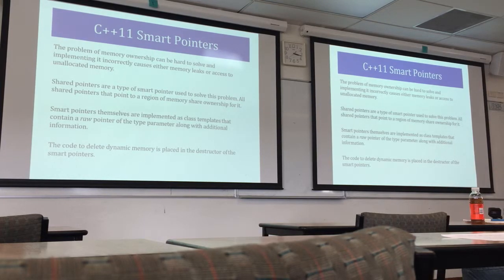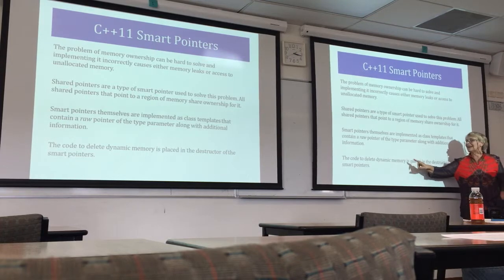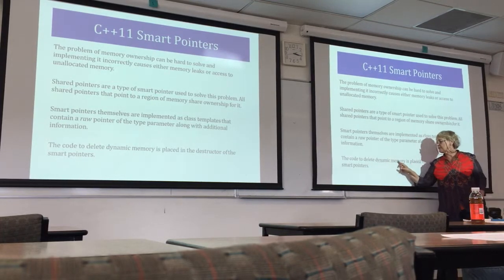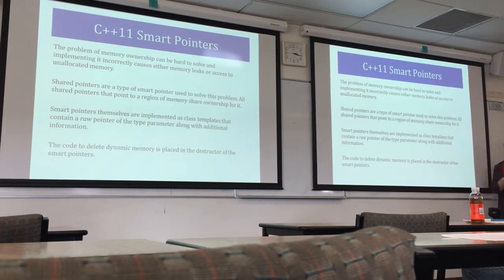Now, the handling of deleting dynamic memory is placed in the destructor of the smart pointers. So, if you use this group, you don't have to deal with deleting the memory. Destructors are called automatically for you.